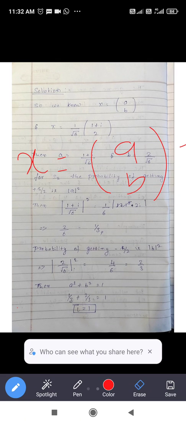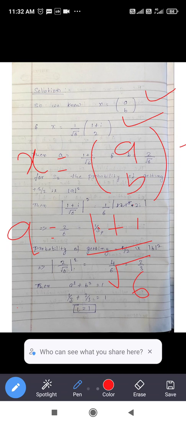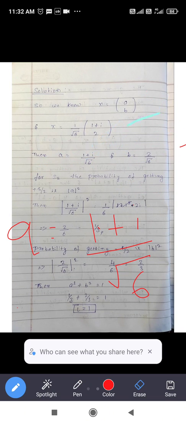Comparing this one and this one, we get a is equal to 1 plus i divided by root 6, and b is equal to 2 divided by root 6.